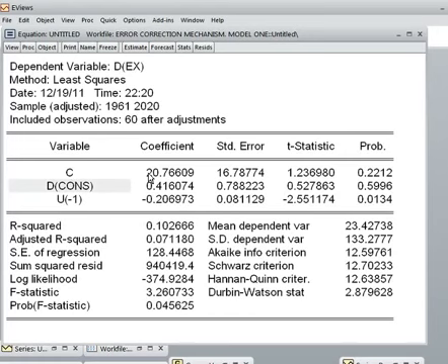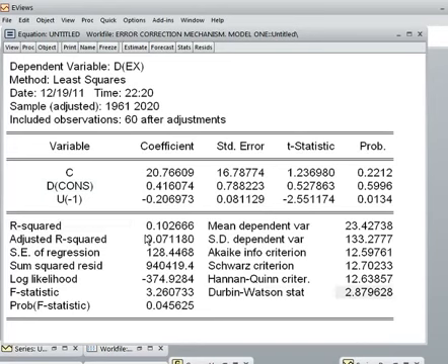And finally, is this model spurious? So what is the guideline of spurious? The guideline of spurious is that R square value should be greater than Durbin-Watson statistics.